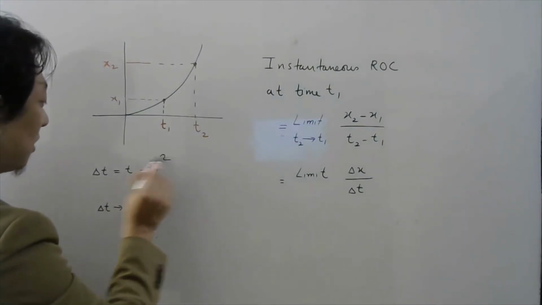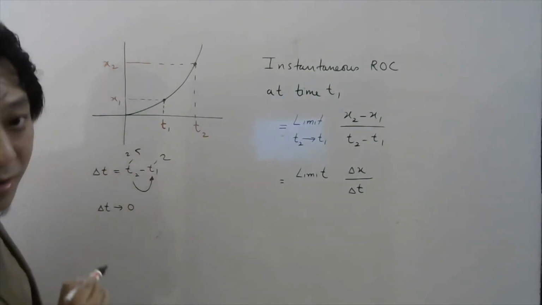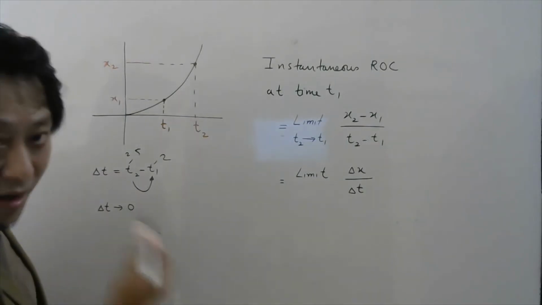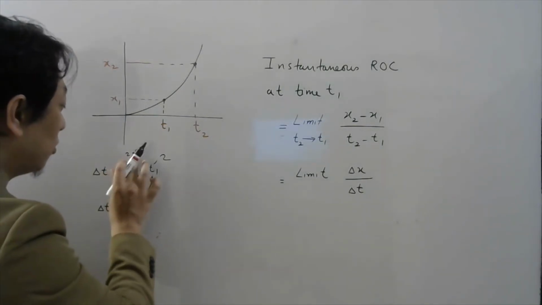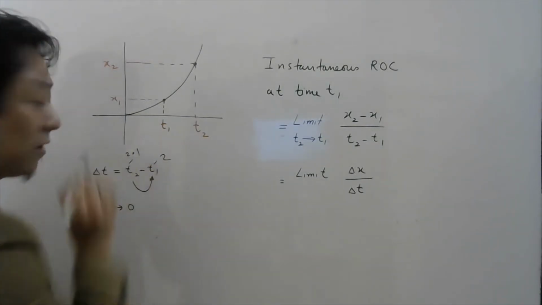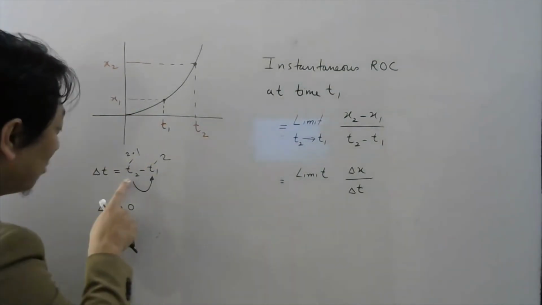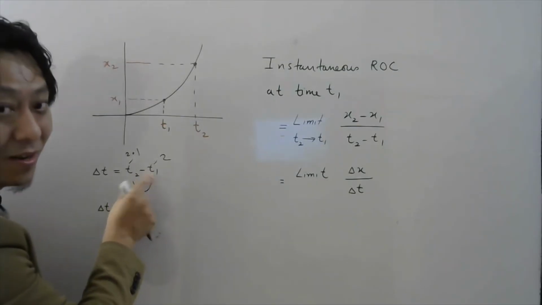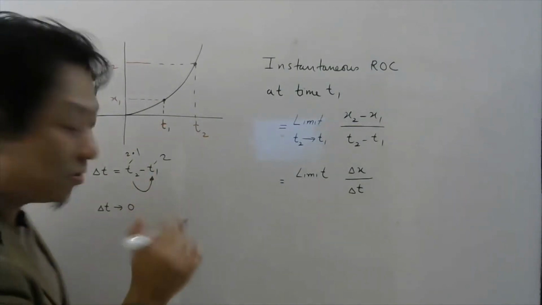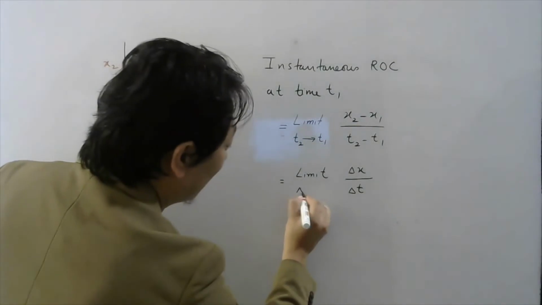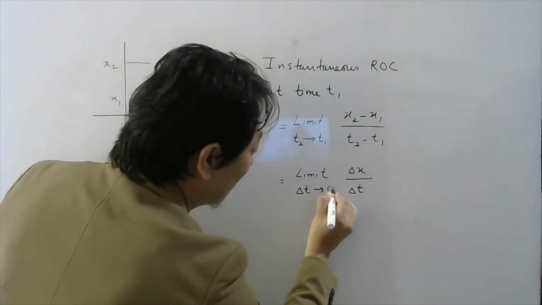So let's say this is 2 seconds, this is 2.5. What is the difference? 0.5, right? Next time let's say this becomes closer, 2.1, then the difference becomes 0.1. So when t2 becomes closer to t1, this difference will become closer to 0. So delta t tends to 0.